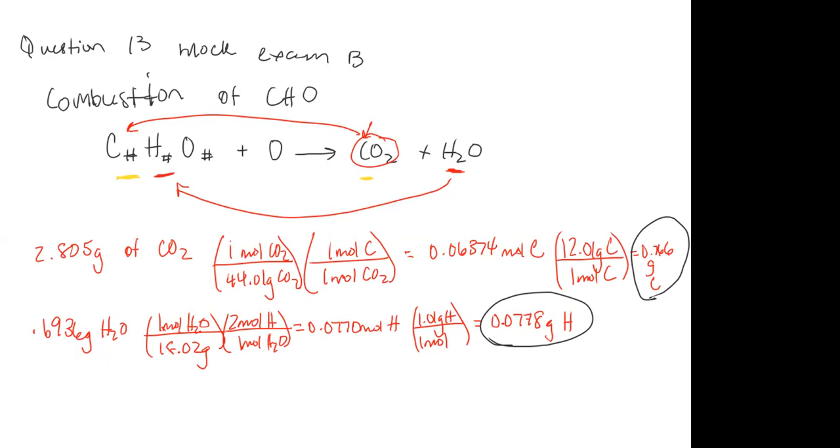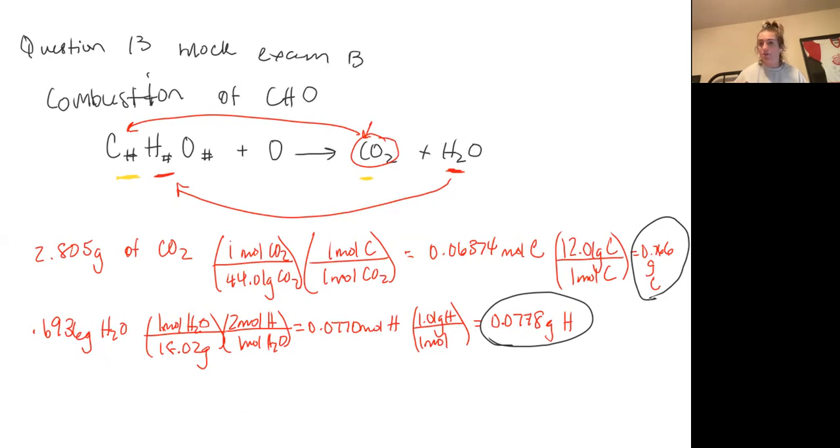We have to do the empirical things, like the mass to mole, divided by the smallest. We will eventually have to get there, but we need to know how many grams we have first. So that's going to be our step right after, we're going to subtract from the total. We know from our question that we're given a 1.047 gram sample.